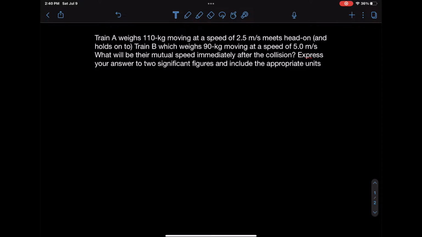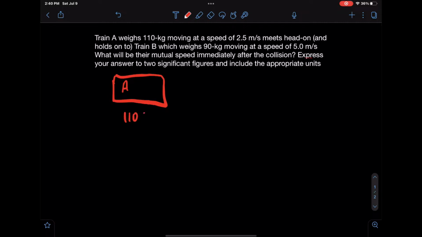So to start this problem, we're going to go ahead and draw a diagram. So train A has a mass of 110 kilograms, and that will be our M1 value, and is moving at a speed of 2.5 meters per second.